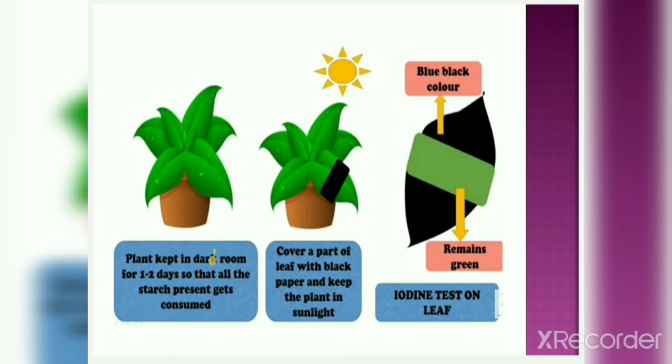But the covered part of the leaf which didn't get sunlight couldn't carry out photosynthesis. It couldn't prepare carbohydrates. That's why this part of the leaf will not turn blue-black and will remain green, which shows that there is no starch present here. So this proves that leaves carry out photosynthesis in the presence of sunlight.